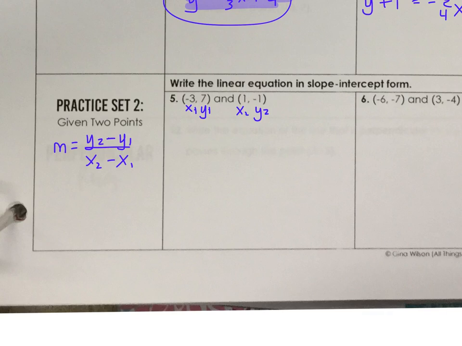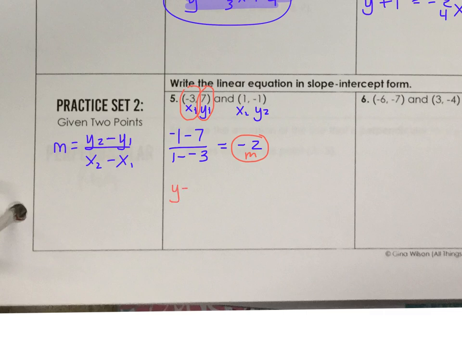All right, so first we have to find our slope. We've done that before. Negative 1 minus 7 over 1 minus negative 3. If I type that straight into my calculator just like this, I get a negative 2. So now I have an x1, I have a y1, and I have an m. Now I'm just going to do what I was doing up above.